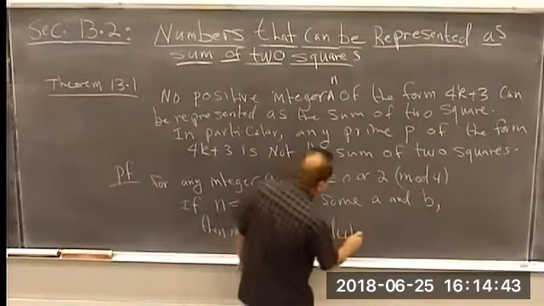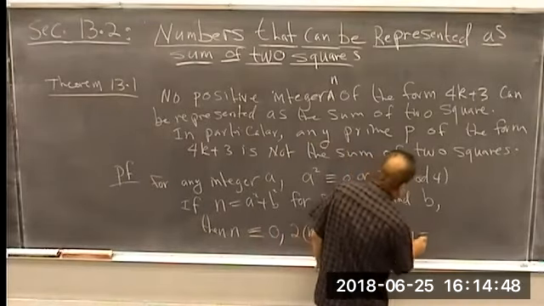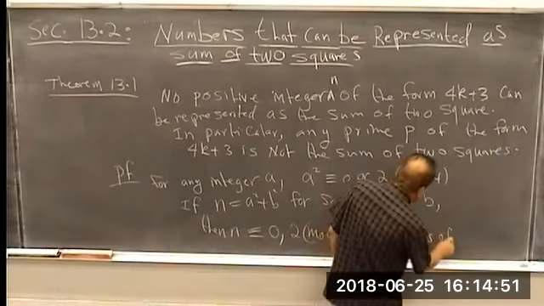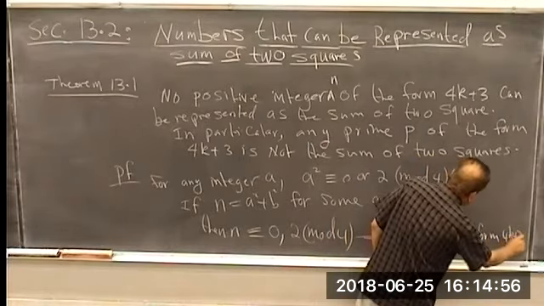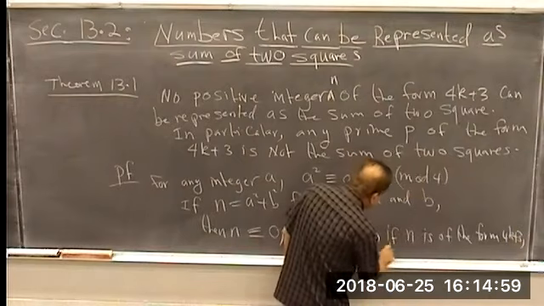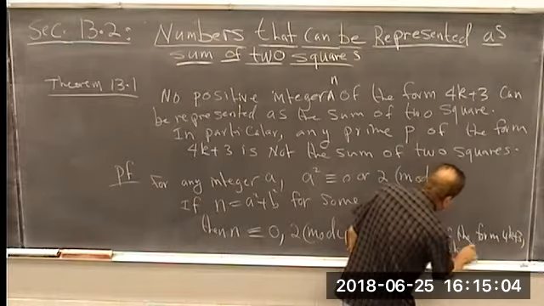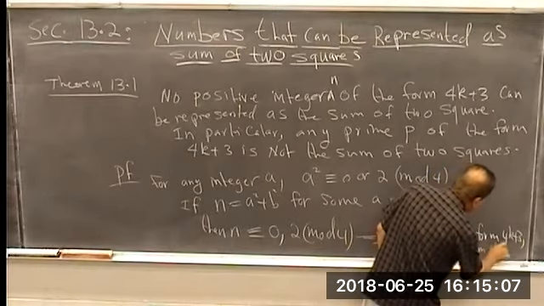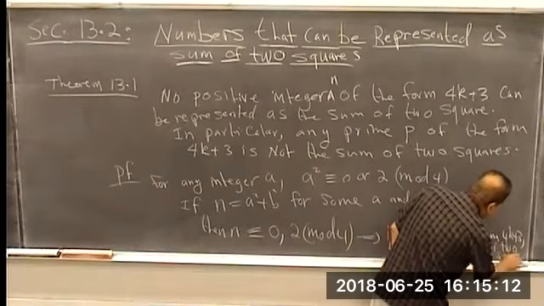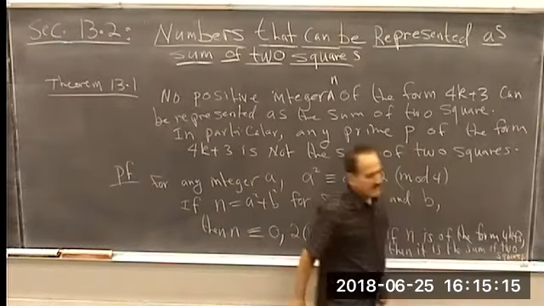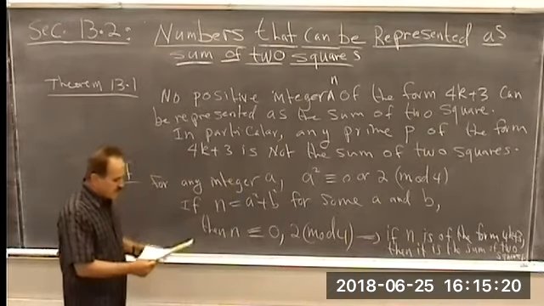This implies that if n is of the form 4k plus 3, then it is not the sum of two squares. All right, so very, very straightforward.